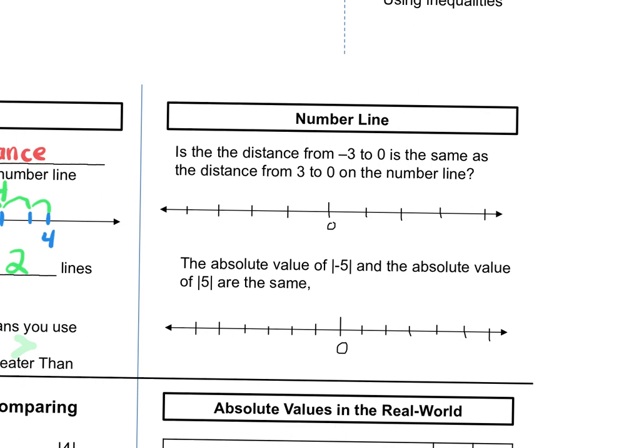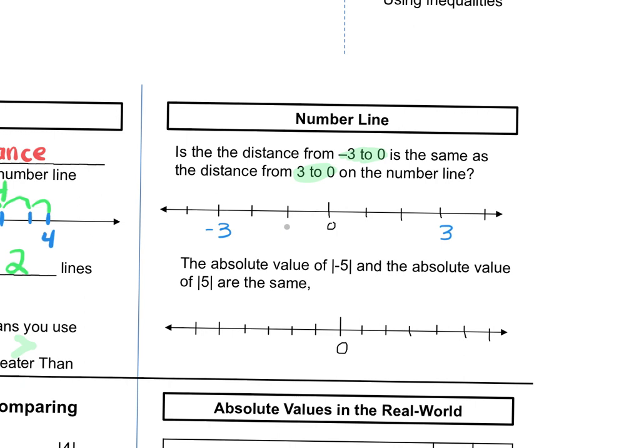I've already showed you 2 examples, but let's go ahead and read this one. Is the distance from -3 to 0, so highlight that, the same as this distance from 3 to 0, +3 to 0 on the number line? Well, let's look. First, I'm going to number them. I have -1, -2, and -3 is here, and +3 would be over here. So the question is asking, are they the same distance?